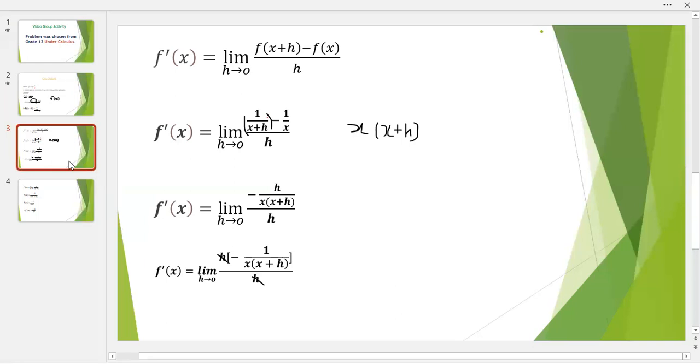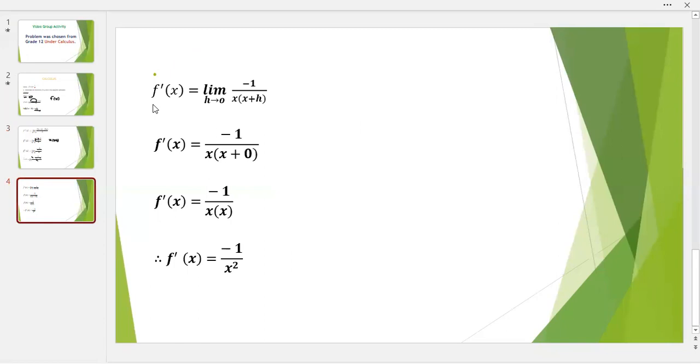Let us see what we are going to be left with. Now we have f prime of x, the limit as h tends to 0, equal to negative 1 over x into x plus h. Why? Because previously h and h cancelled each other. This is how we came to this.